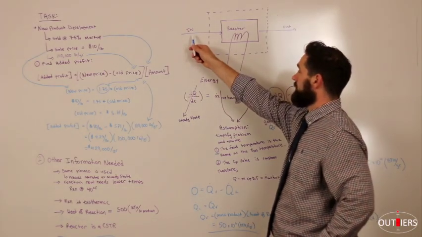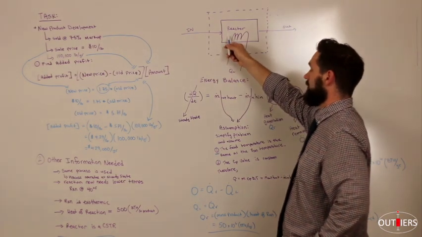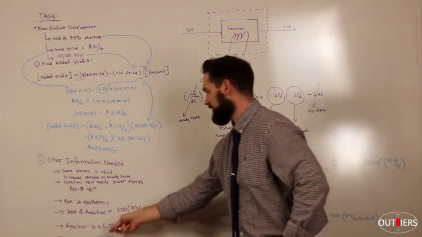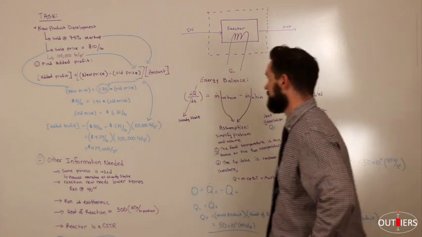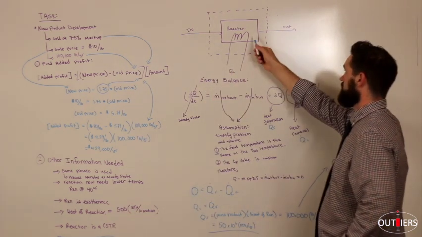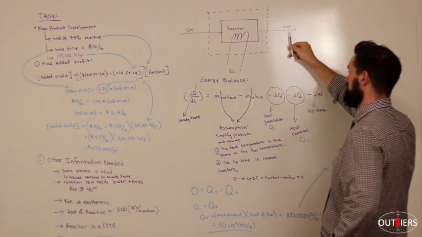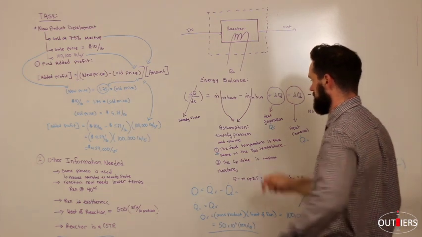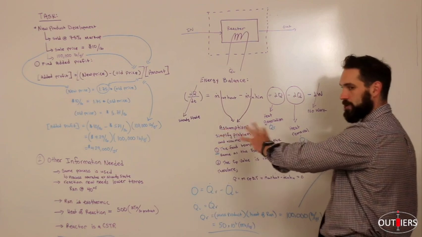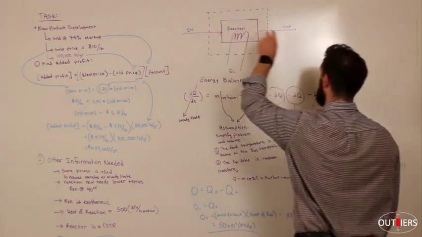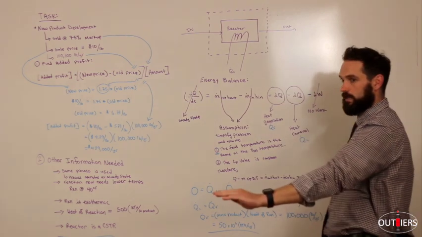So this temperature coming in is the same as the reactor temperature at 40 degrees Fahrenheit. And this is where my CSTR assumption would come in, because a CSTR says that the reactor contents are at the same conditions as the outlet. So really what I'm saying here is that there's no temperature change from the inlet to the reactor to the outlet. It's all at 40 degrees Fahrenheit.